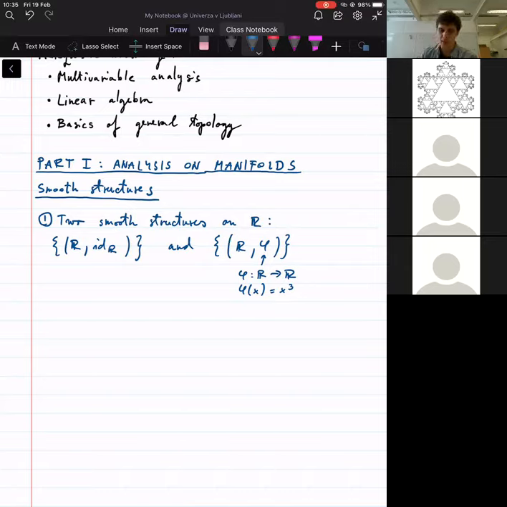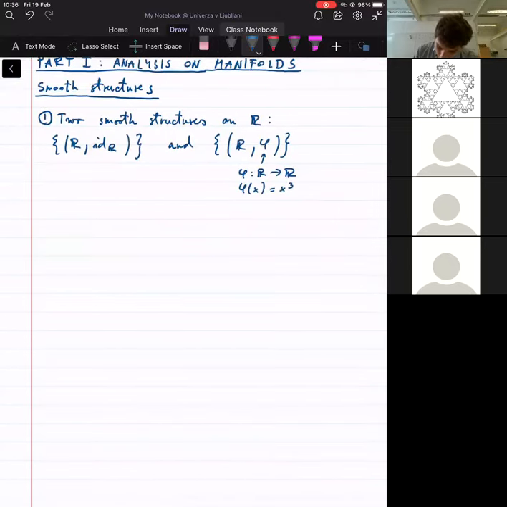Exactly. It's a continuous function with a continuous inverse, right? Its continuous inverse is nothing else but the cubic root function, right? So we have to keep in mind that here we are endowing our manifold with the standard topology. Okay, so this is something that is implicit here, right? So as Grega said, phi is a homeomorphism, which means a continuous function with a continuous inverse.